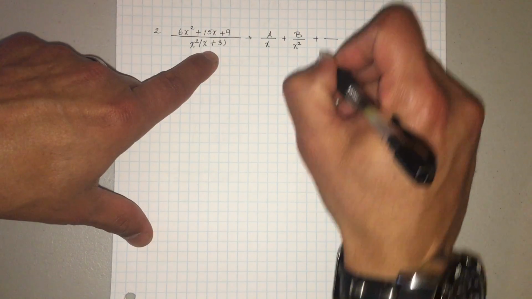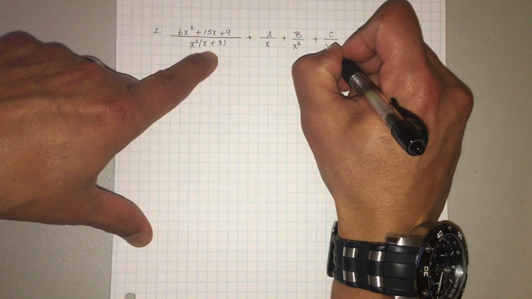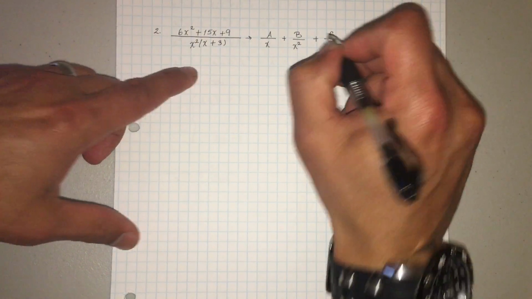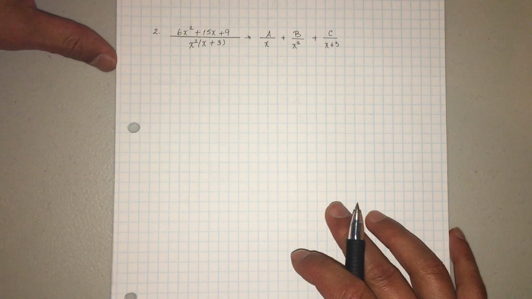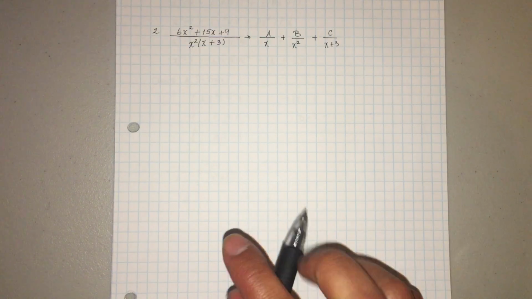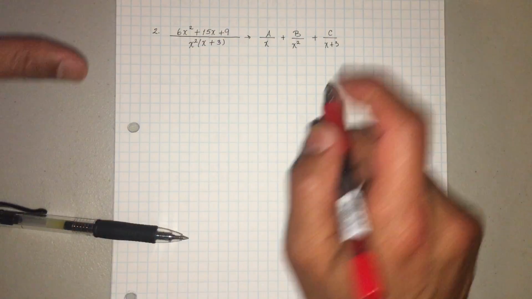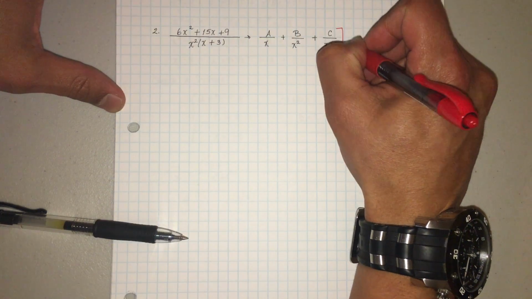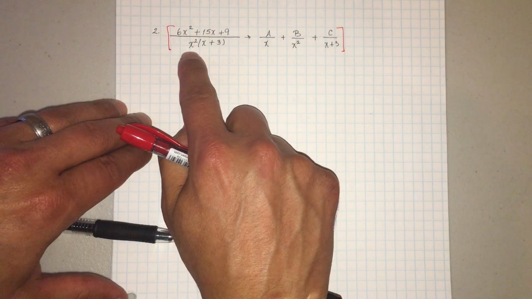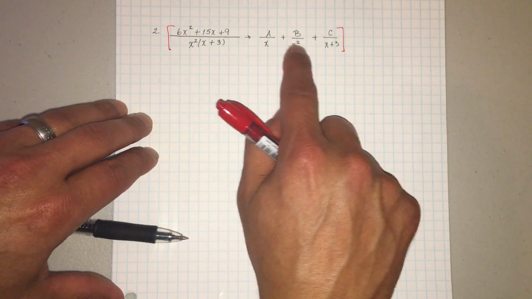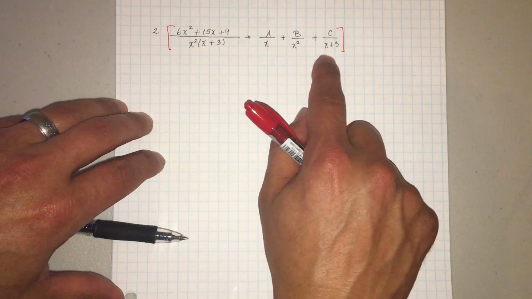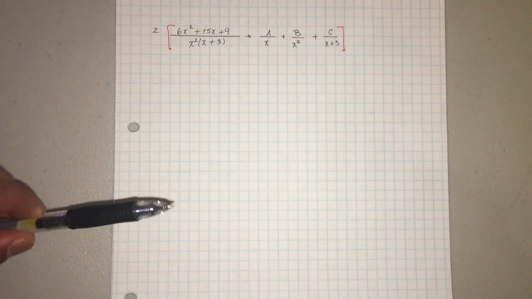This one only has 1, so we're just going to do C times x plus 3. Now, to give you a better explanation, you can look at the previous video, where I go over an example there. But for the sake of time, we're going to set it up. Remember, this is a linear factor, so we have to do x and x squared. And then x plus 3, that's just 1, so it's just x plus 3.